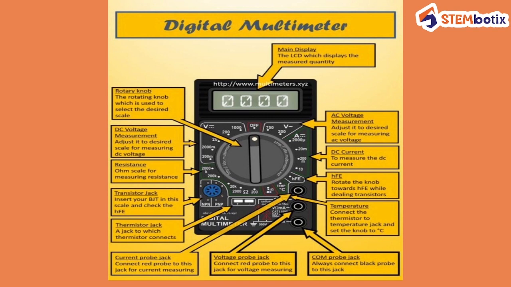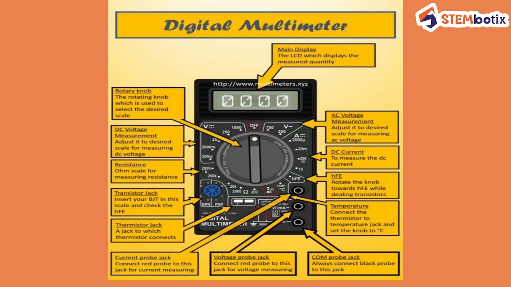So these are the different functions of the whole digital multimeter accessories. The first is the main display, which displays the measured quantities. Then the rotary knob, which is used to select the desired scale.